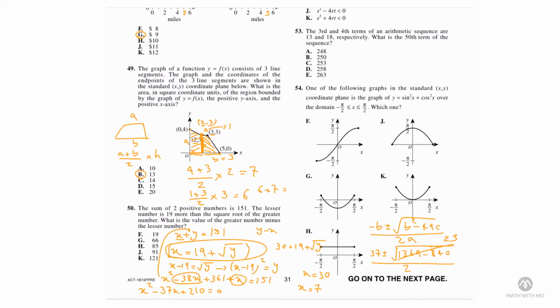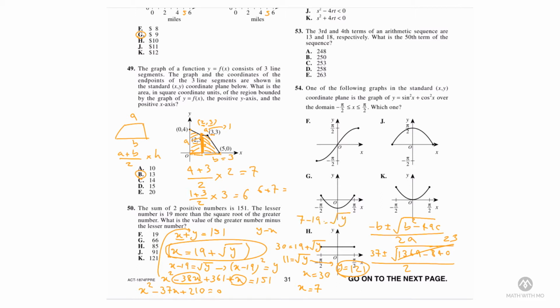So in this case, 30 minus 19, which is 11. So 11 becomes root y. So from here, y is equal to 121.